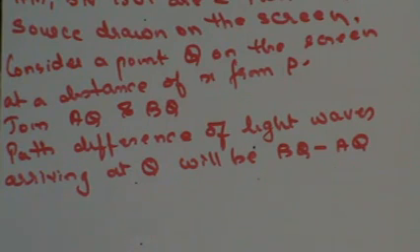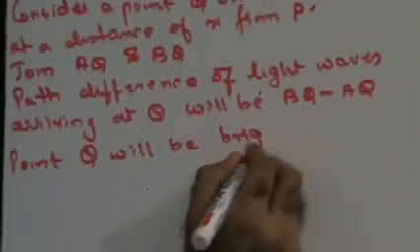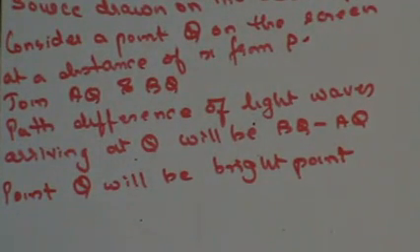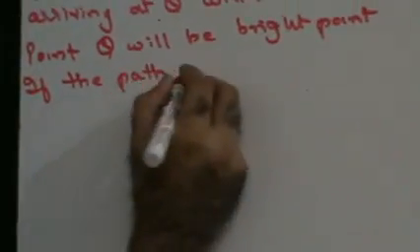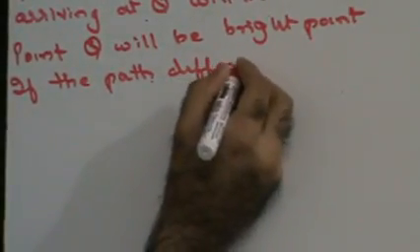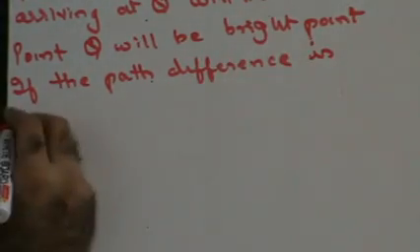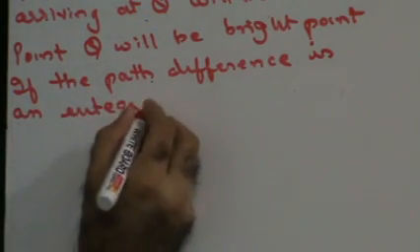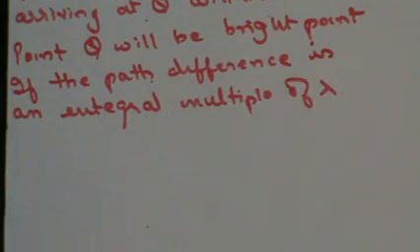Point Q will be a bright point if the path difference is an integral multiple of lambda, right?